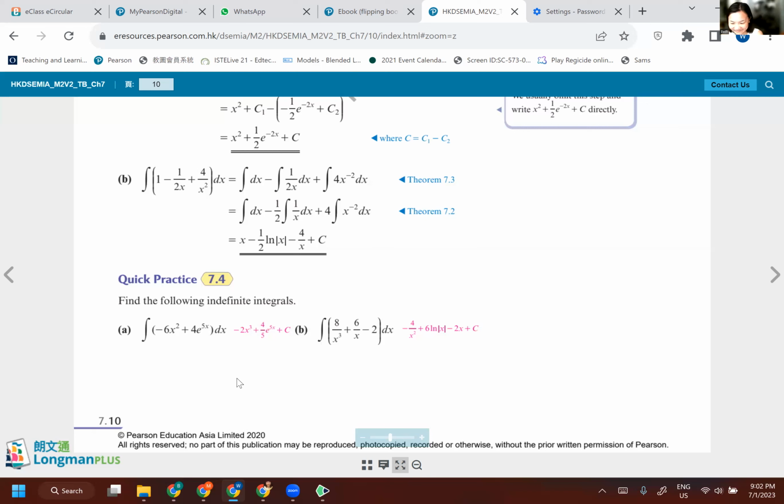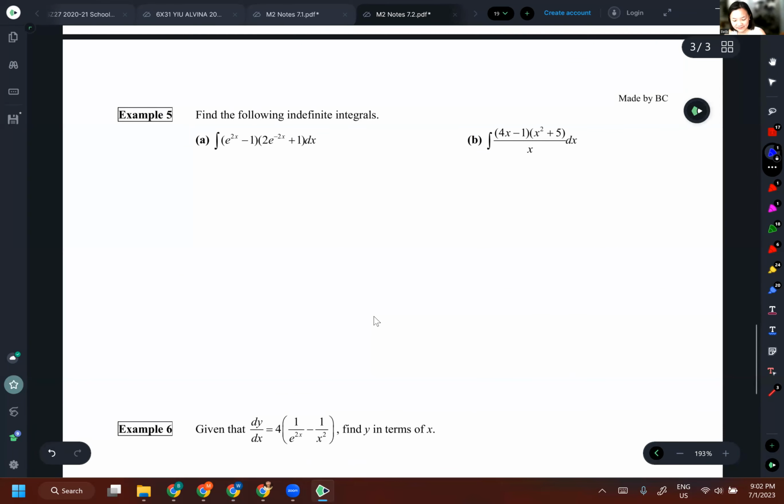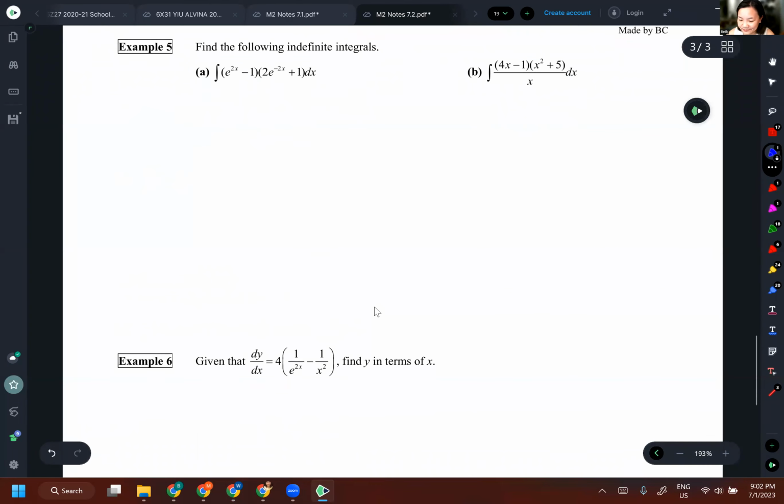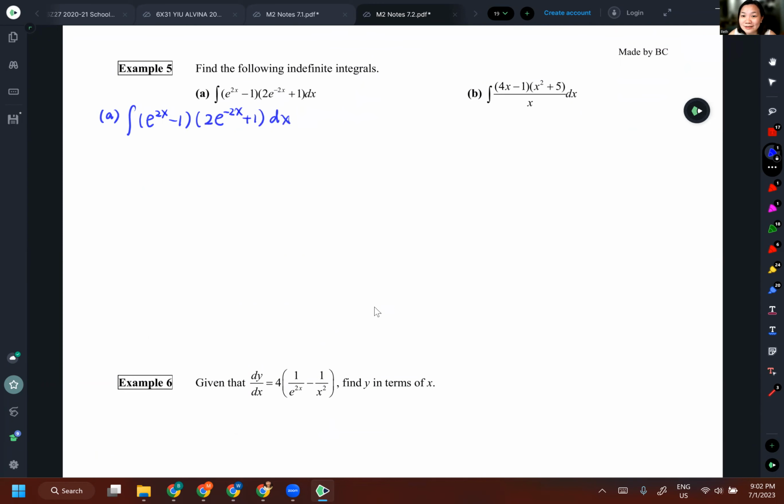Okay. Next. You're very fast. Example 5. Copy the question. Remember that you cannot separate product in the integral.